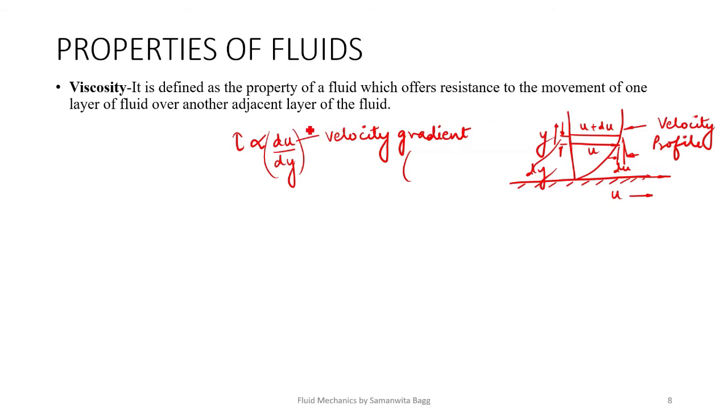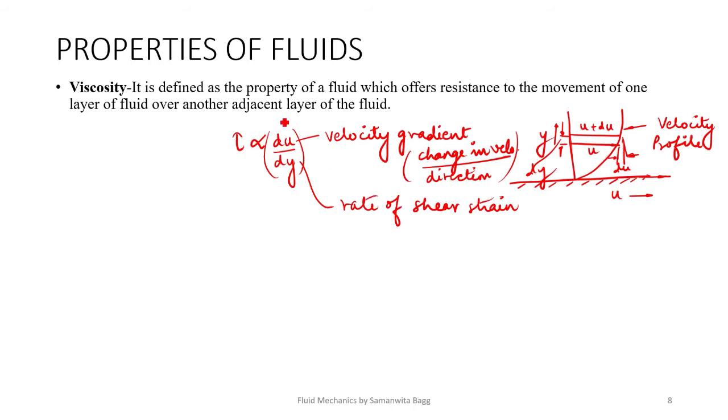So I can say that it is change in velocity with respect to the change in direction. That's what you can say. So this is called the velocity gradient. Also this term du by dy is called the rate of shear strain.